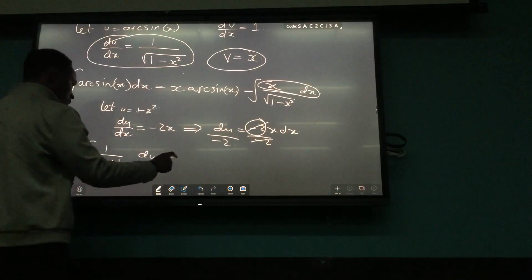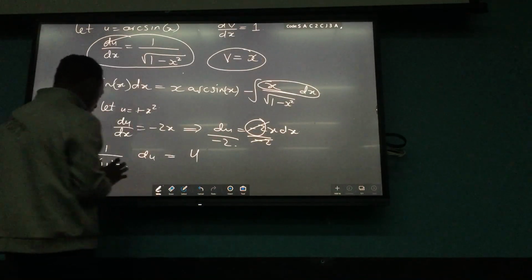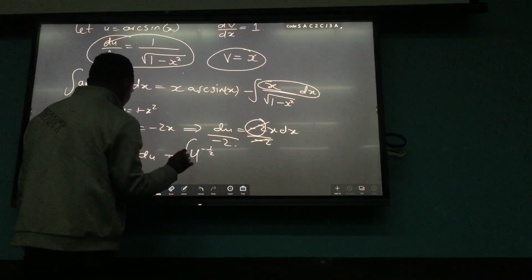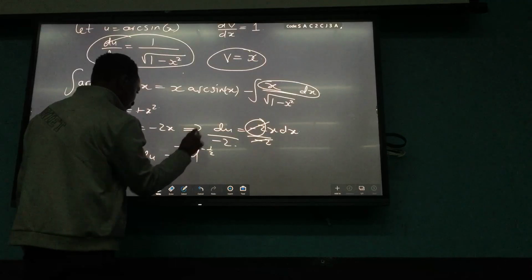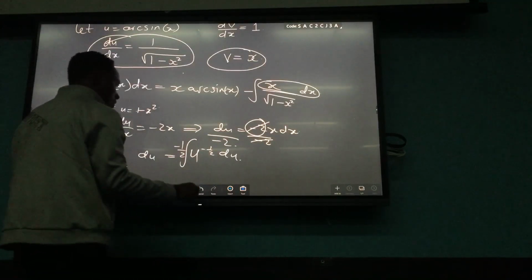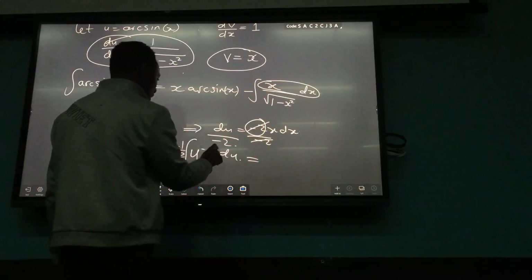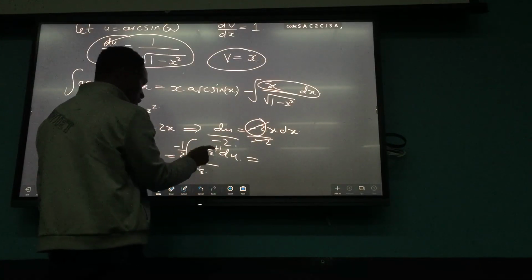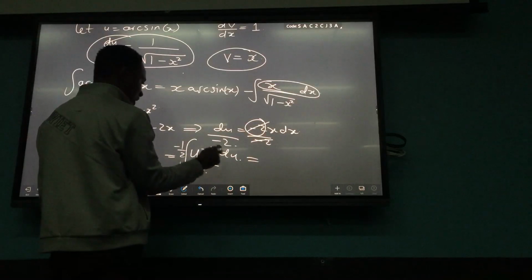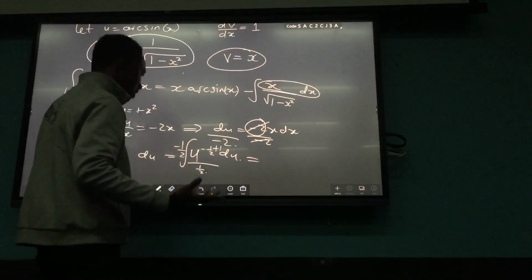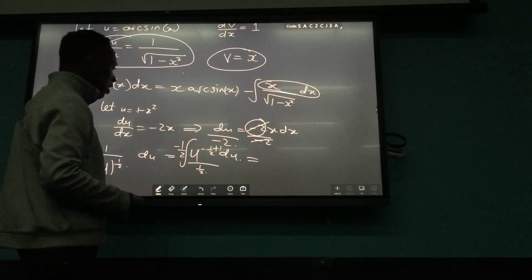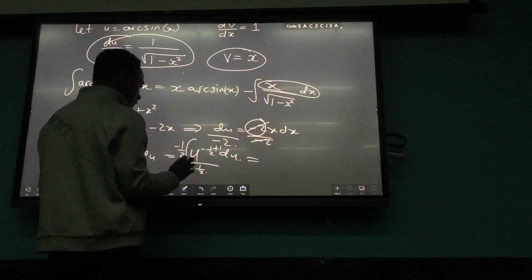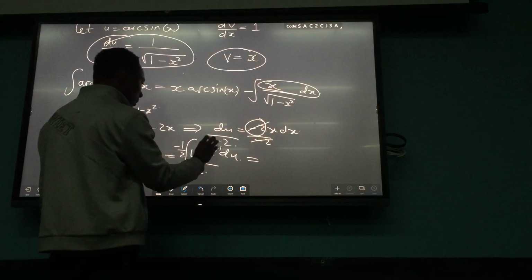This here will give you, if you take this to the numerator, u to the power minus 1 over 2. The integral of that, and you have a half here, remember, and you have a du. This here will give you, you add 1 to the power and divide by the result, which is 1 over 2, because minus half plus 1 is the same as 1 minus half. So you're going to get that over half, which is the resulting power.